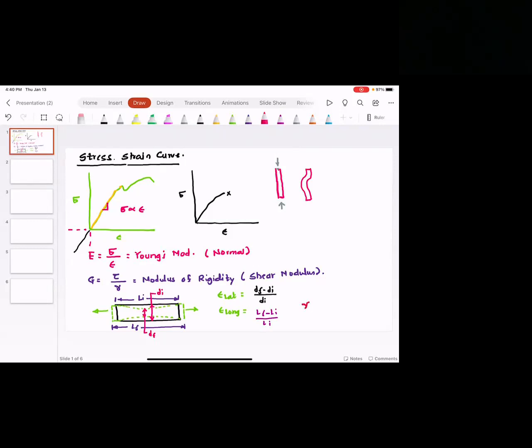So we can define Poisson's ratio mu as minus epsilon lateral divided by epsilon longitudinal. Lateral strain is negative, longitudinal strain is positive, so this ratio is negative, but when we multiply that with a negative sign, we get Poisson's ratio, which is positive. So Poisson's ratio is an important concept that can be used for characterization of materials.